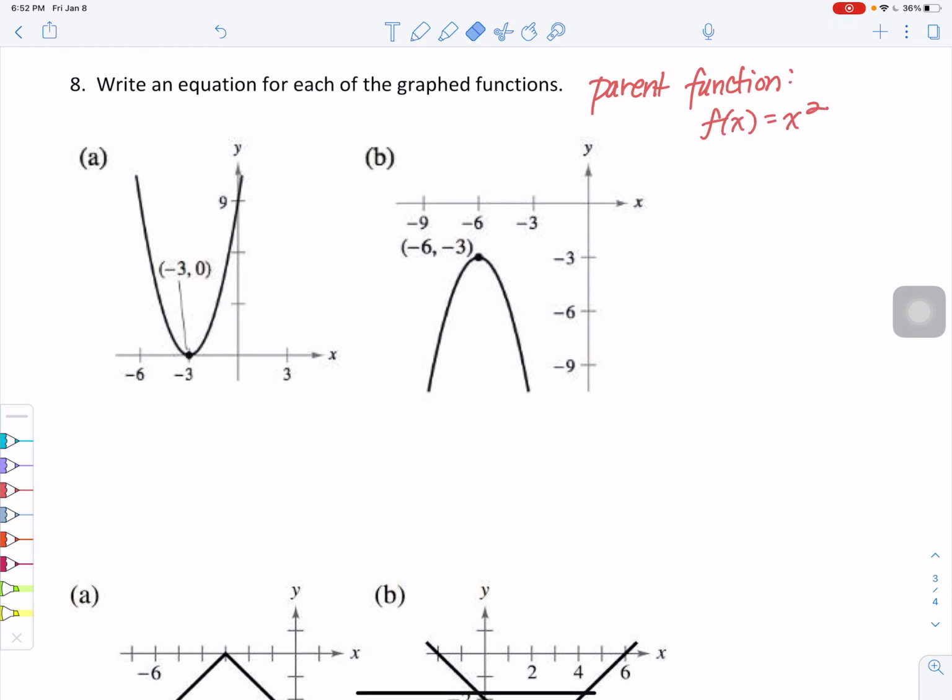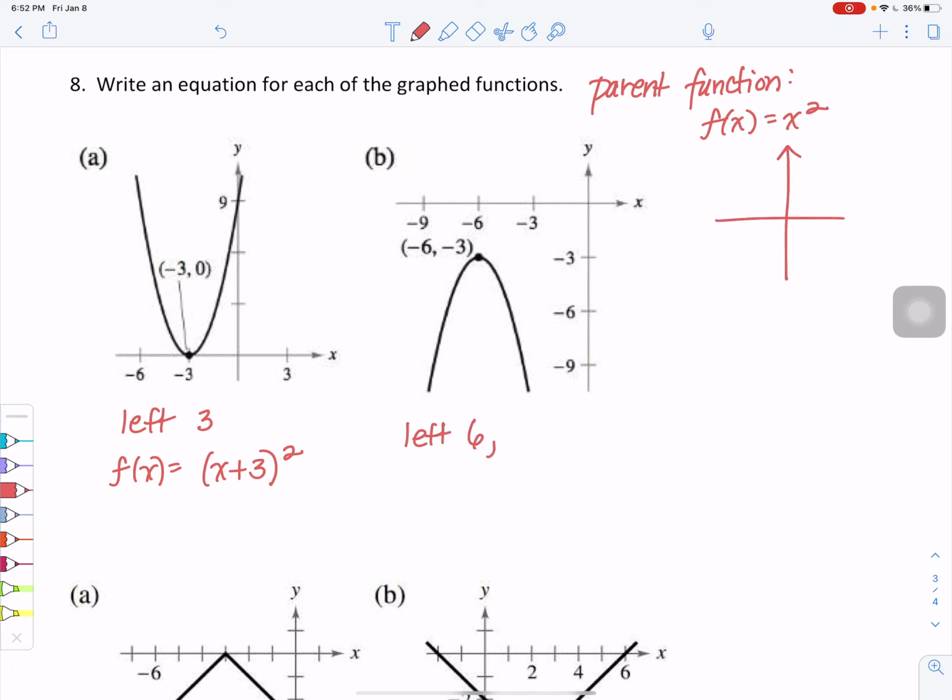So what happened in graph A was it just went to the left 3. So f of x would equal x plus 3 all squared. In B, we went to the left 6 because our parent function is centered at 0, 0.